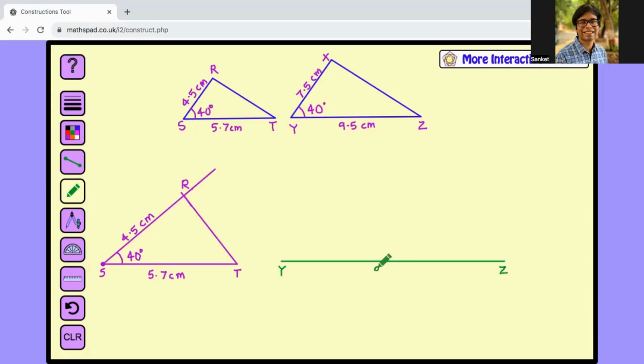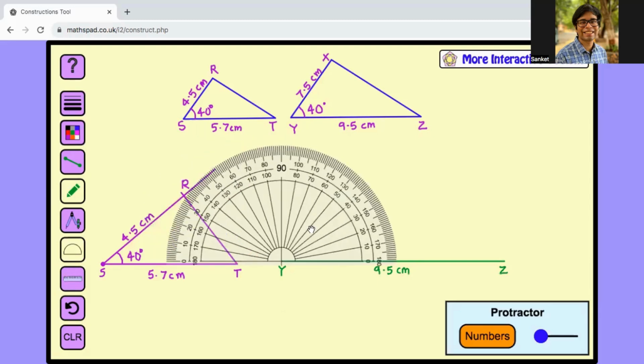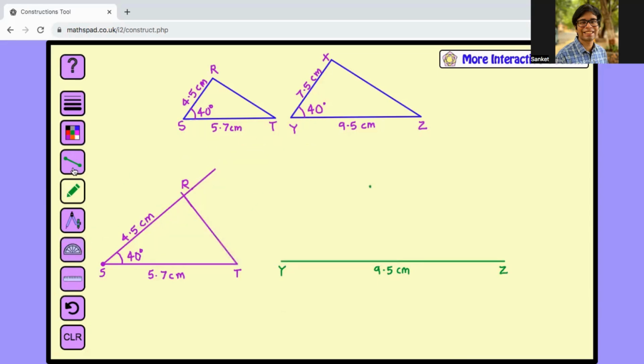YZ, that is 9.5 centimeter. I will then measure this angle as 40 degrees, make a mark here, keep the protractor away. Join point Y and this point and extend further.